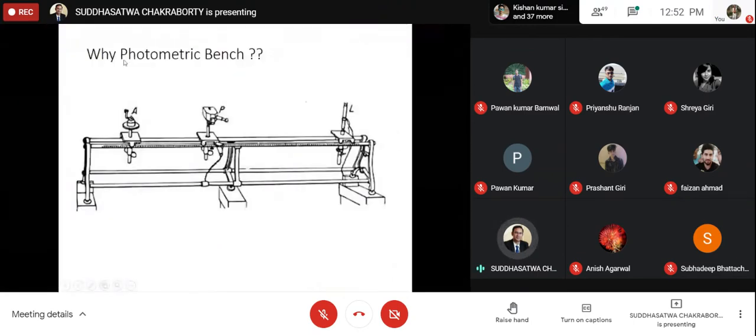Anyway, so that's what we have for this photometric bench. Once we vary the input voltage, the possibilities are very many because of the variation of this voltage. My output will definitely vary over a range for an incandescent bulb. There is a very smooth curve between the input voltage and the output for incandescent bulbs.